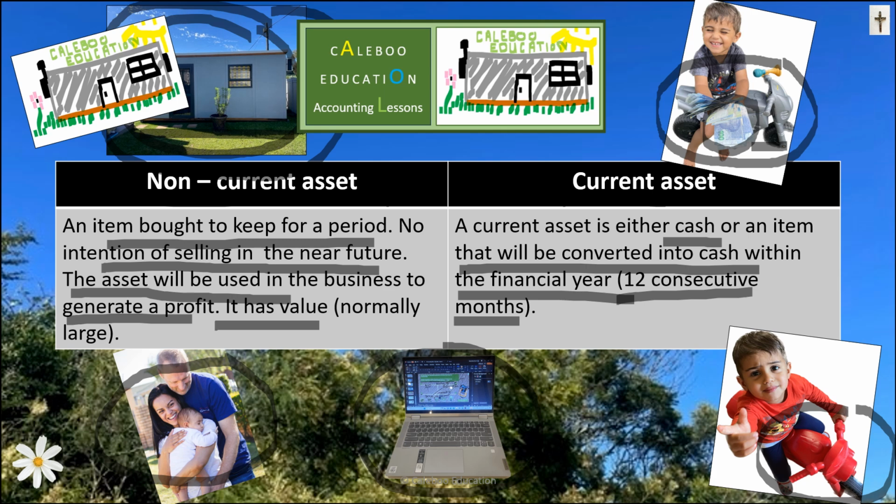So another current asset would be trading inventory, debtors, but further on in the video I will give you lots of examples. For now, you need to know what is the definition of a non-current asset and what is the definition of a current asset.